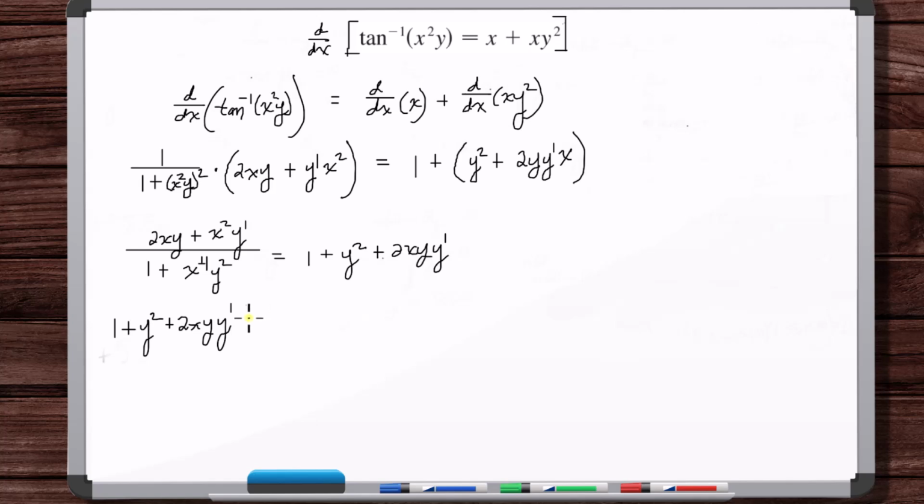Okay, now plus x to the fourth y squared plus x to the fourth y to the fourth plus 2x to the fifth y cubed y prime, okay, is equal to 2xy plus x squared y prime.